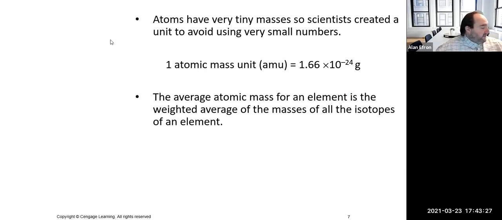Just so you know, the conversion into grams is 1 atomic mass unit equals 1.66 times 10 to the minus 24 grams. That's a very small number, so we use atomic mass units, or later, when we talk about molar mass, we use grams per mole. As we will see in just a second, grams per mole and AMU per atom are essentially the same thing in terms of numbers. They come out basically the same.